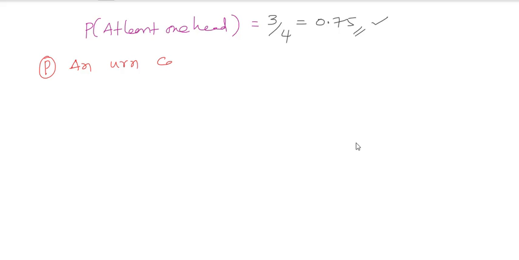An urn or box. An urn contains 5 red balls and 5 black balls.